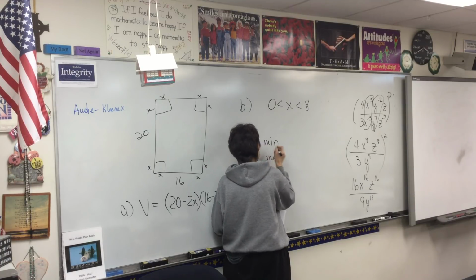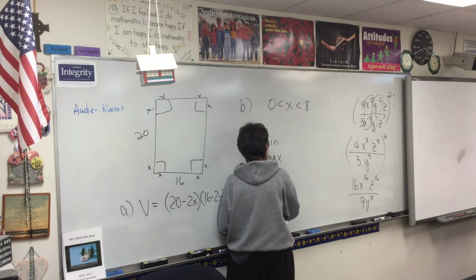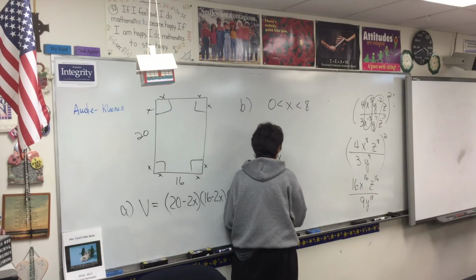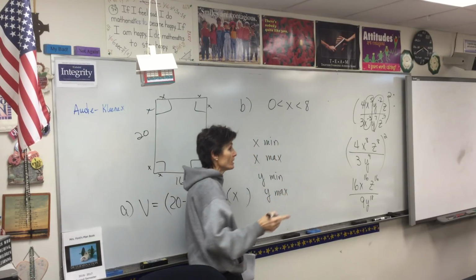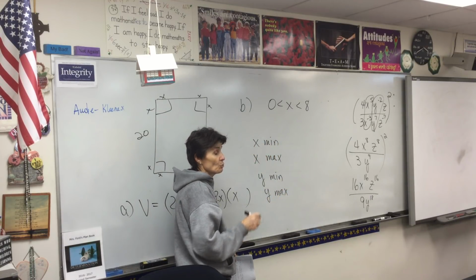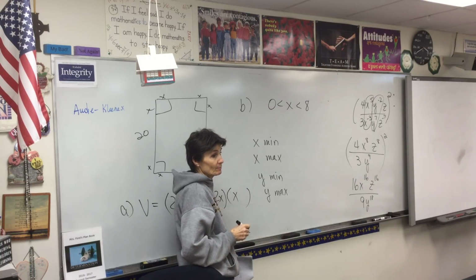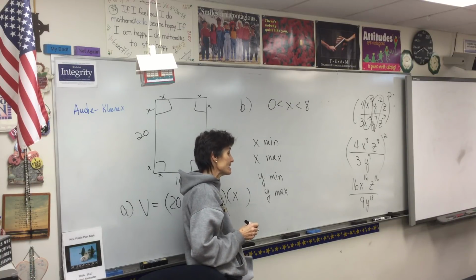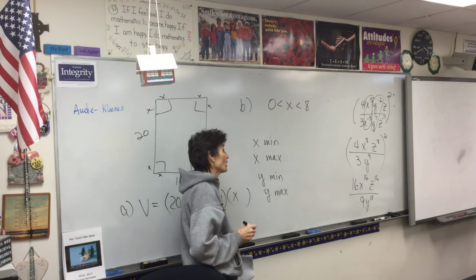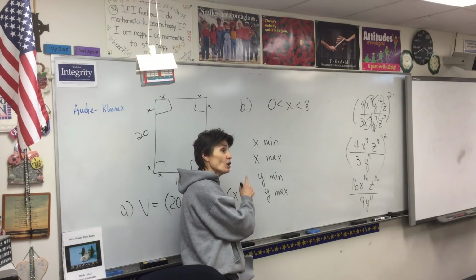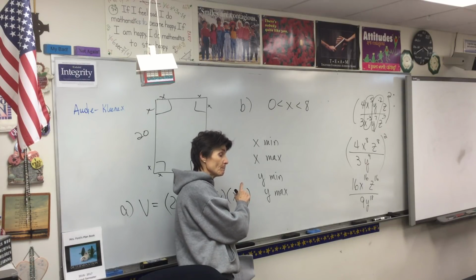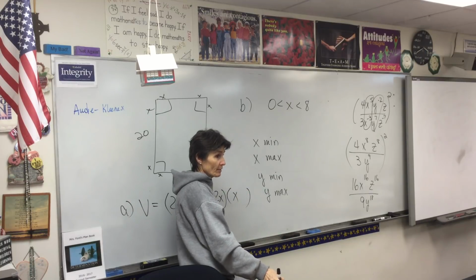You put down X min, X max, Y min, Y max. This is up to you. You need to know it, though, to put it in your calculator. The other teachers thought it was too easy and didn't want to give points for it. So you have to know it, because you've got to put it in your calculator, right?